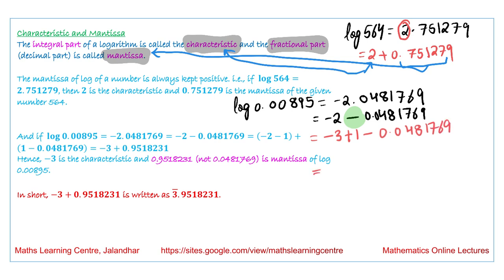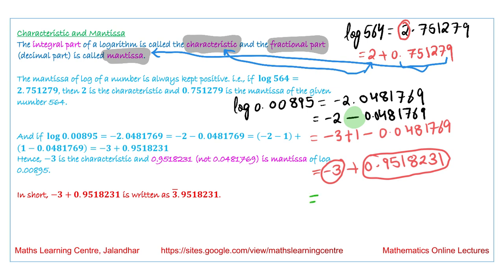So this is equal to minus 3 plus 0.951823. So the characteristic in this case is minus 3 and the mantissa in this case is this term. The mantissa is never negative.